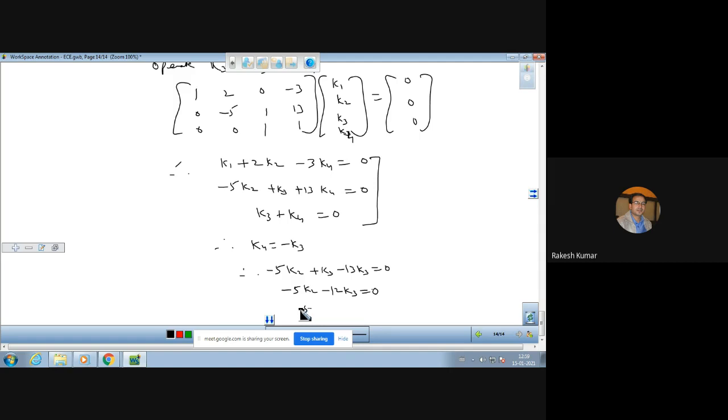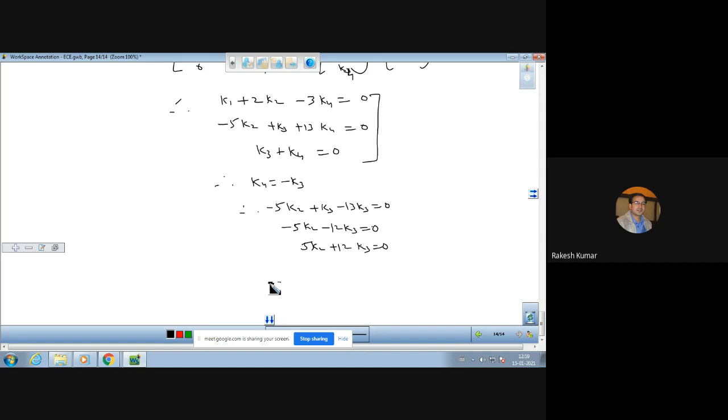So this is 5 K2 plus 12 K3 is equal to 0. So from this we can easily find out the value of K2, that is minus 12 upon 5 K3. From this K4 is minus K3, K2 is minus 12 upon 5 K3.